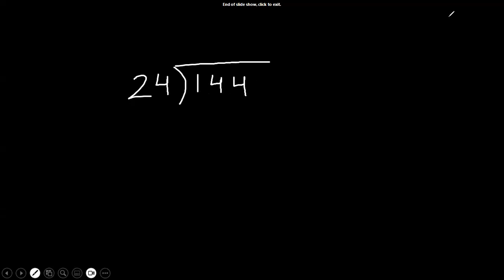We don't know our 24 times tables, so we iterate. 24 times 2 gives 48, too small. So let's use 3. 24 times 3.